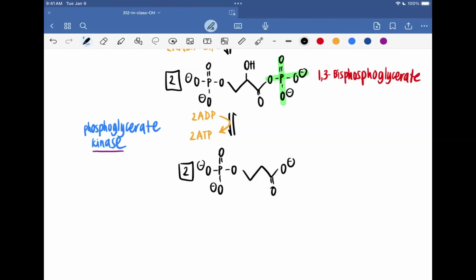And so we have a carboxyl group there that is left behind. And so that is our key chemical transformation, is that instead of our phosphoryl group, we have just a carboxylate, so an oxygen that's left behind there. And so we're going to call this 3-phosphoglycerate.